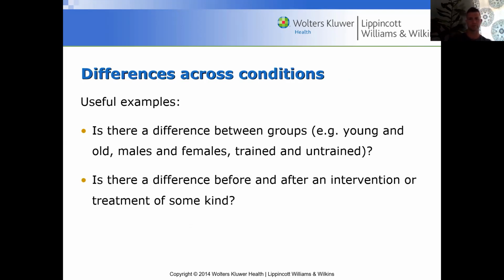Differences across conditions. Is there a difference between groups? Old and young, males and females, trained and untrained, right? A lot of times we want to know, are there differences? So again, we might look at, okay, what happens if men and women lift weights? Well, both men and women will gain muscle mass.